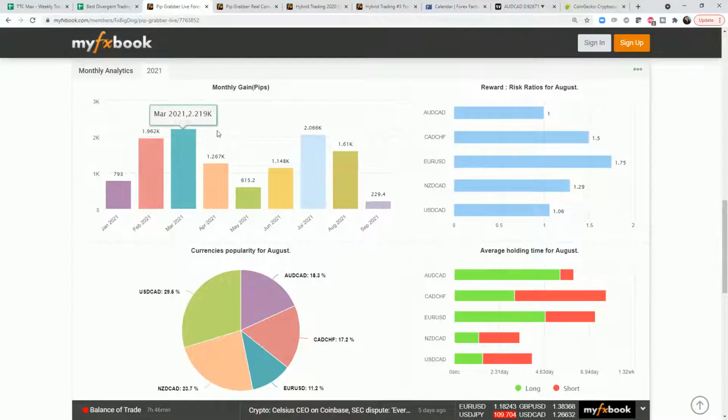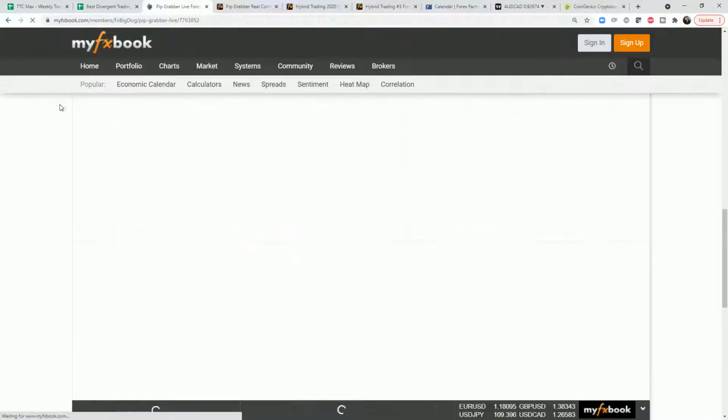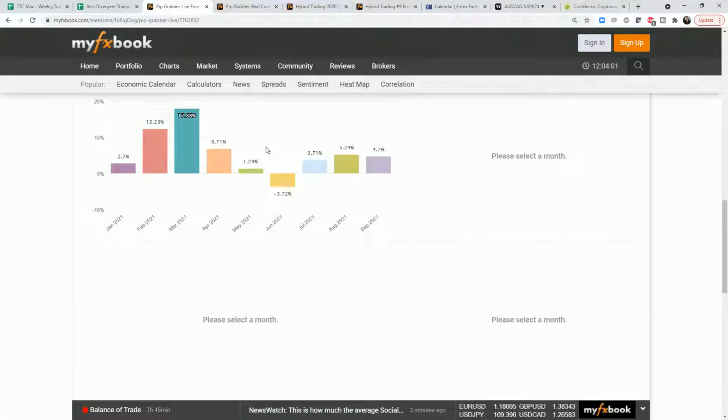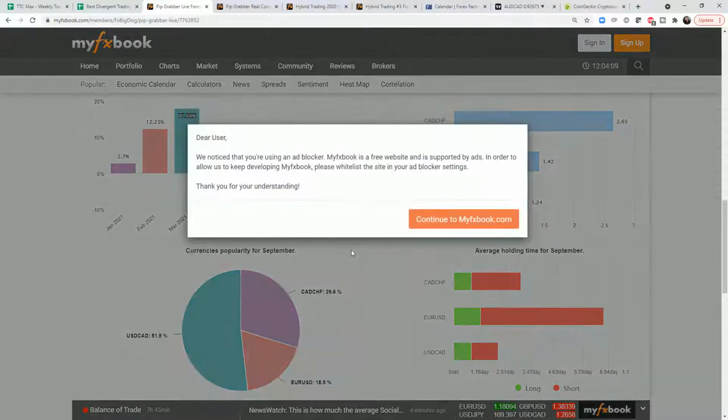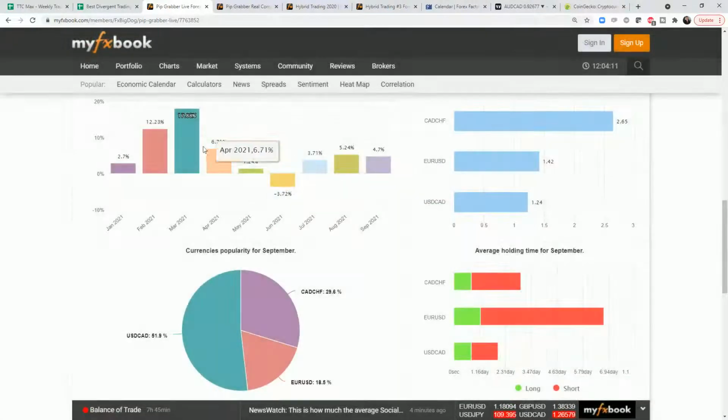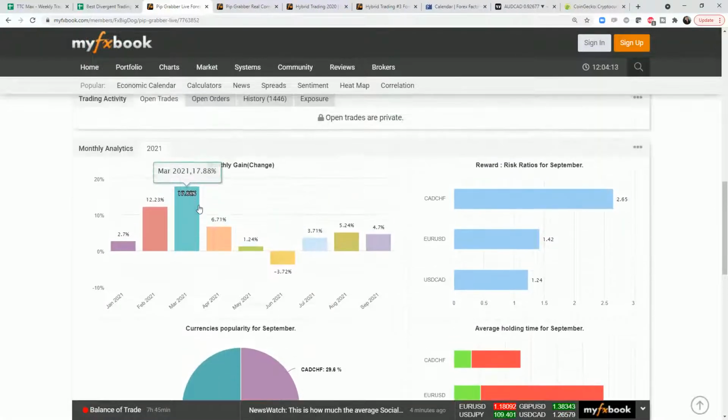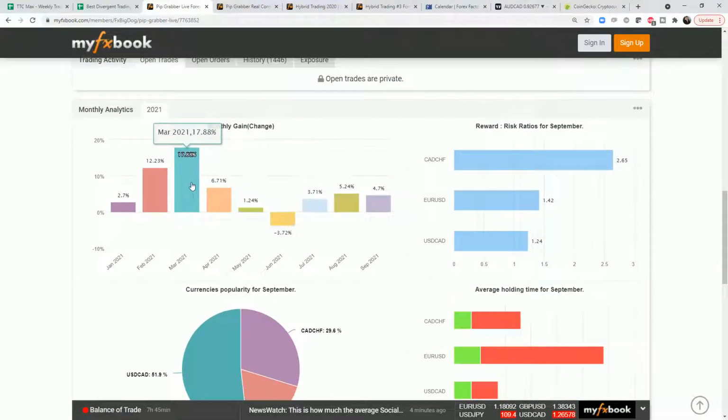Now, firstly, number one, I want to point out that this strategy is producing. I need to just refresh this a little bit right here. All right, there we go. That's a lot better. So you can see that this strategy is already producing great results over the long term. You can see that we've got some good months in March where we profited really well.